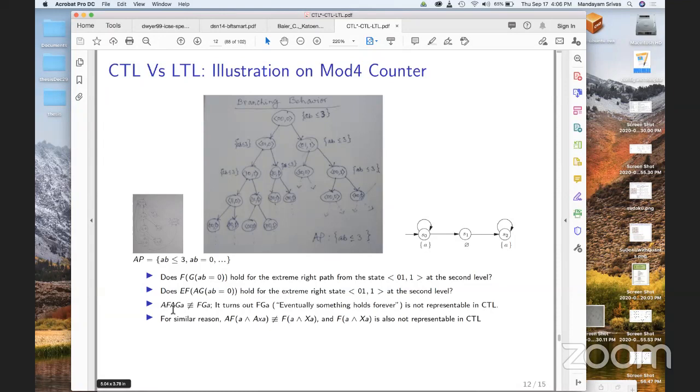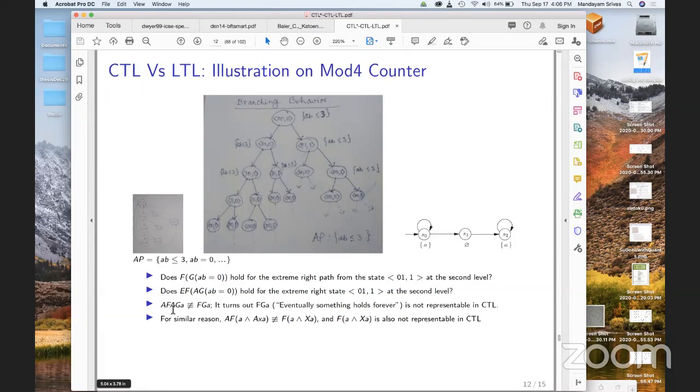On the S0 omega path, all the states are S0. From S0 there are two paths. One is where S0 continuously holds, but from each of those states there is a path going to S1.